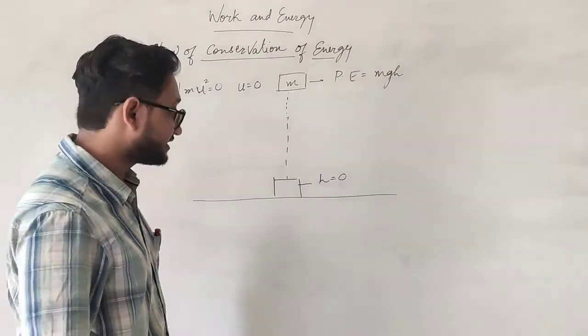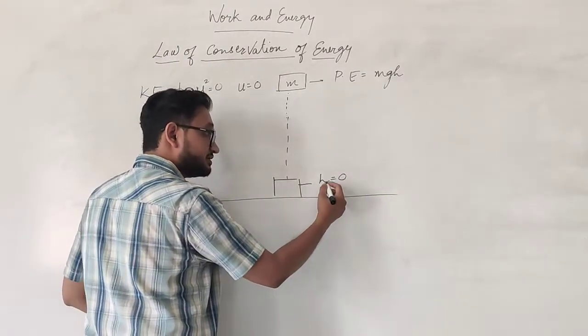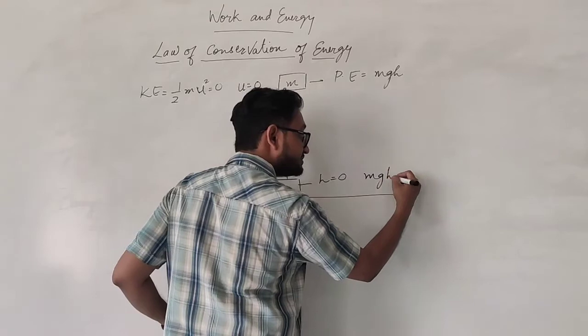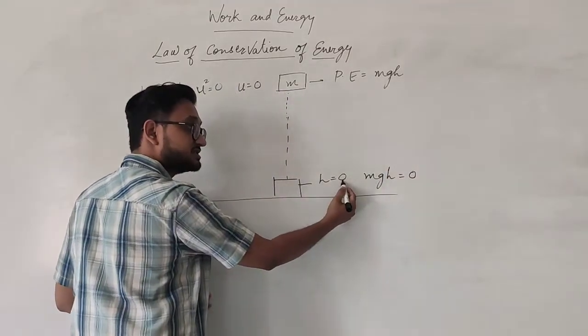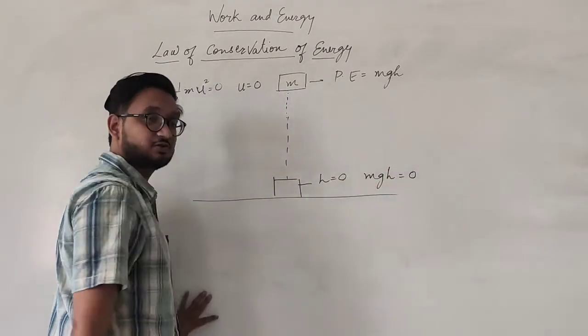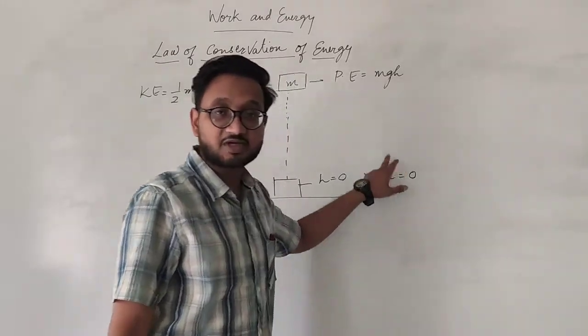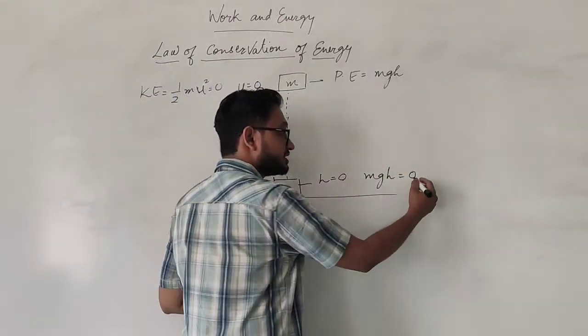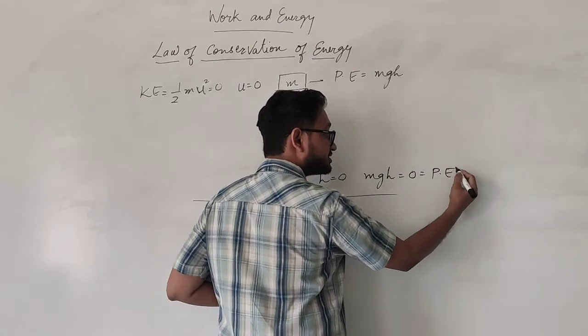And when h becomes 0, there is no potential energy. mgh becomes 0, because when h is 0, 0 multiplied by mass and acceleration, everything becomes 0.